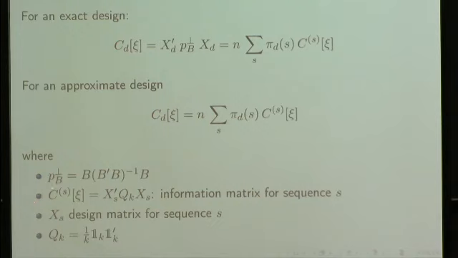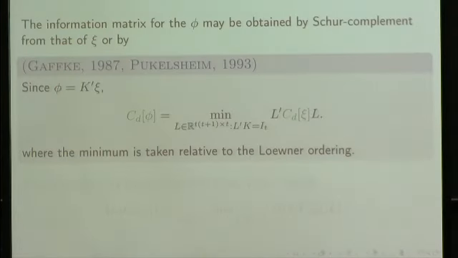So I recall that C_S is an information matrix just for one sequence of treatments. To obtain the information matrix for the parameter phi from the whole parameter xi, we may use the Schur complement, but it doesn't work in that case.